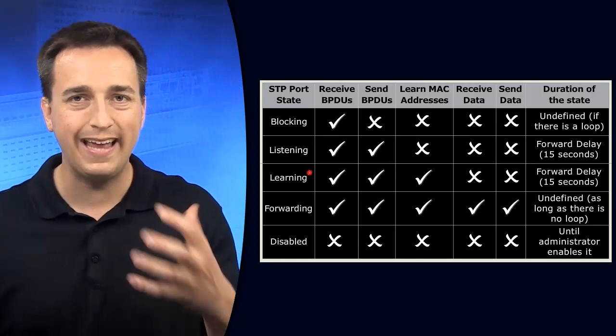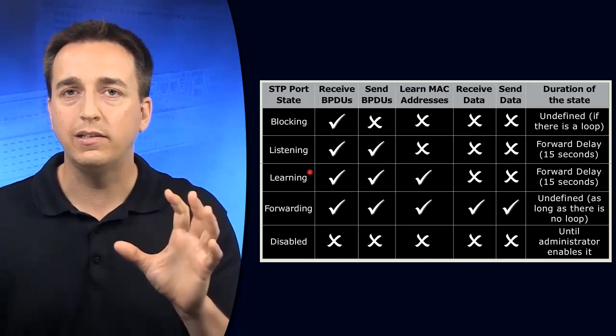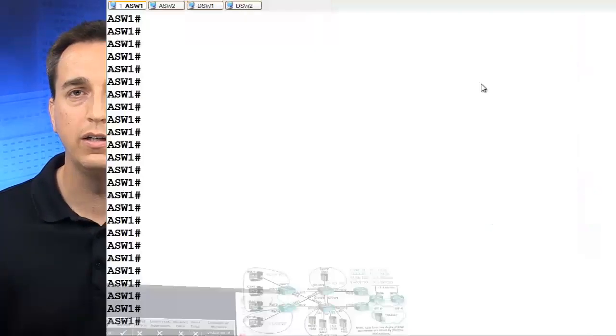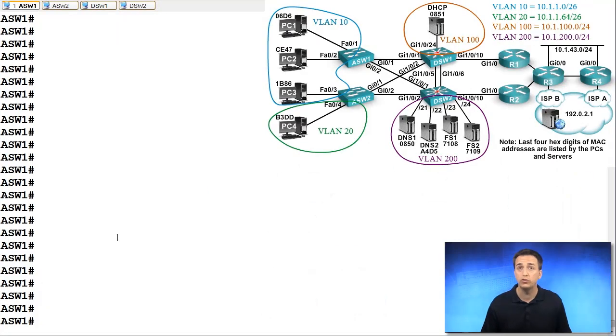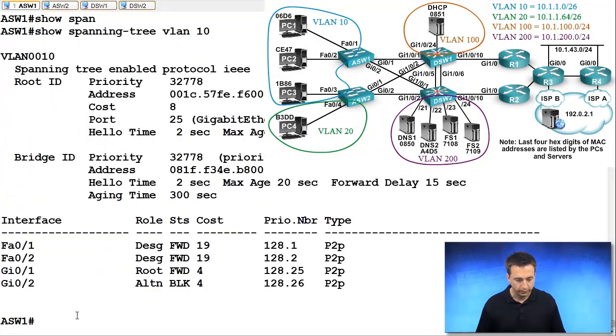Where can we examine the states? Well, we can examine them by taking a look at the output of show spanning tree on the switch. So ASW1, let's type in show spanning tree, but I only want to focus on VLAN 10 just to keep it simple for us.